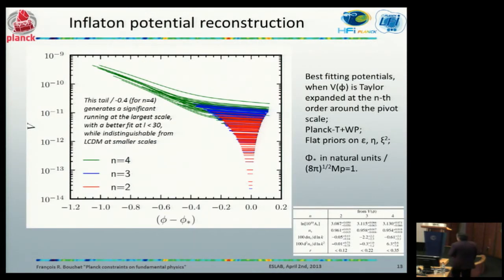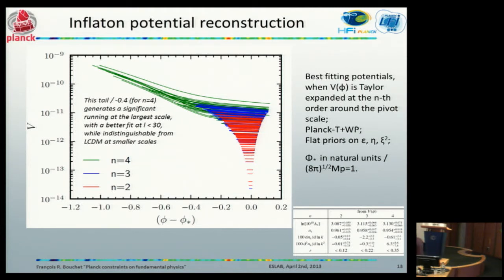Okay, so one thing we can do, rather than trying to have a potential that is fitted at all scales, is to just reconstruct the potential over the observable window that we have. For that, we can do a Taylor expansion around the pivot scale, and just look at the results versus the order. Here are a number of best fitting models, and a collection of them that would all fit the data reasonably well.